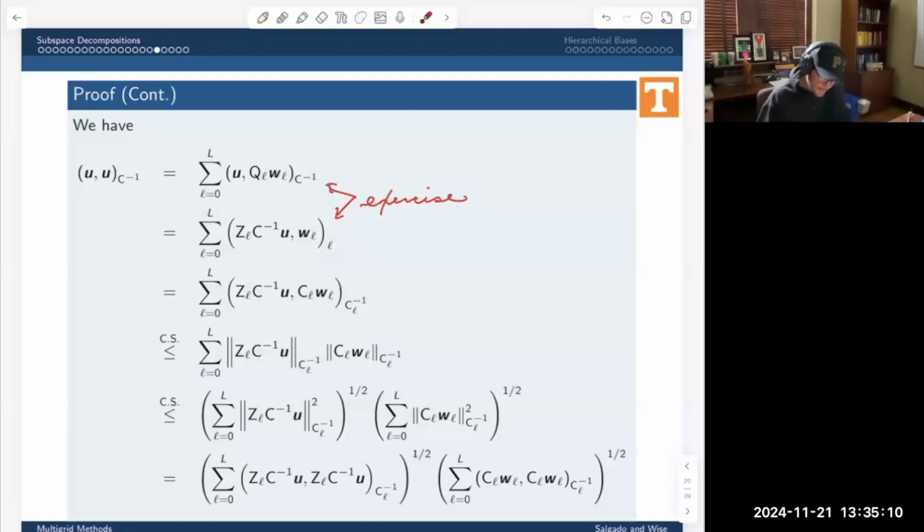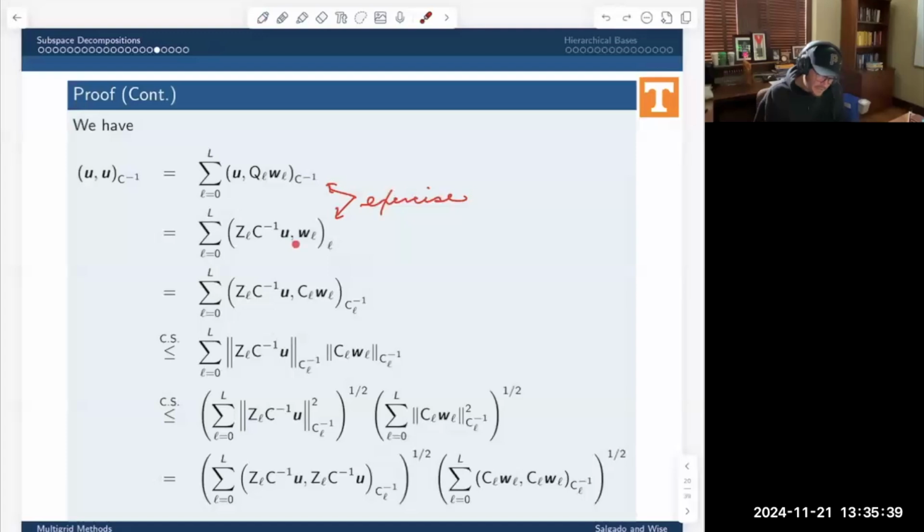Okay, now what do we want to do next? Next step is to, let's see. So here I have ZL C inverse U WL. Here I'm going to take that point there and multiply by CL inverse times CL.